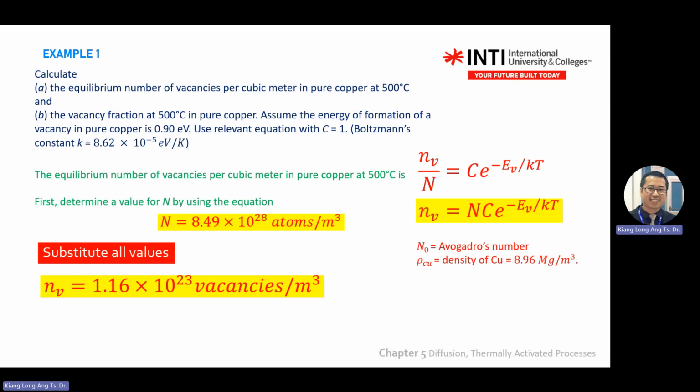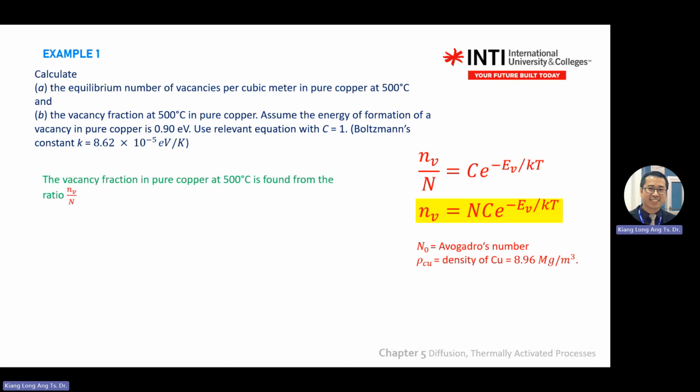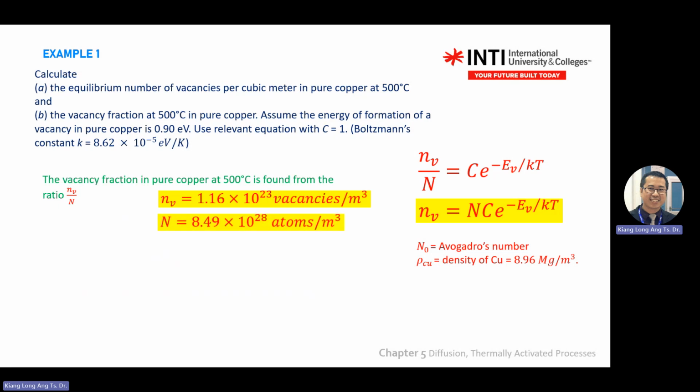He asks you for the vacancy fraction at 500 degrees C for pure copper. So the vacancy fraction can be found by taking NV divided by N, the big N that you just calculated. 1 meter cube has so many copper atoms.